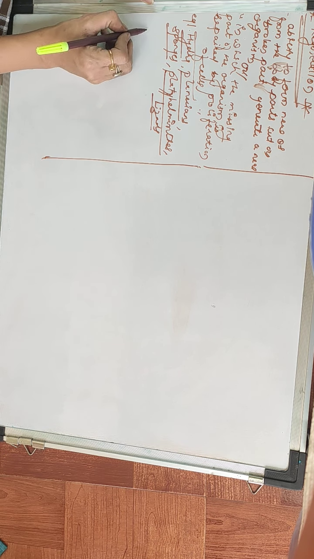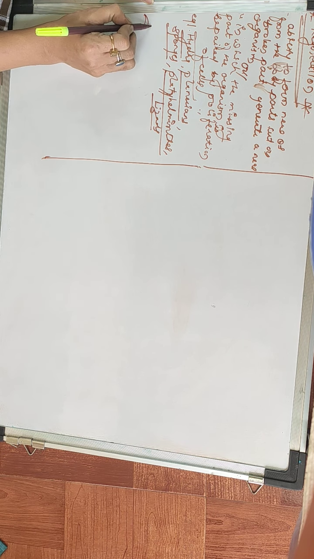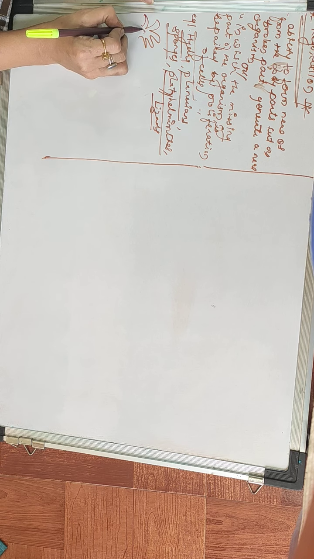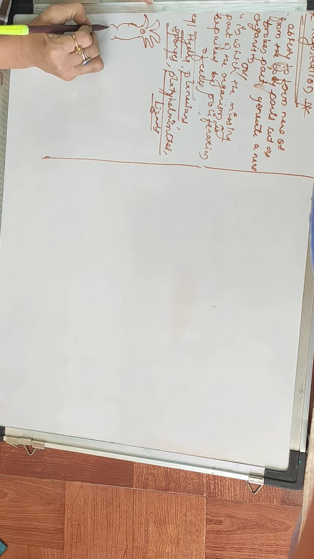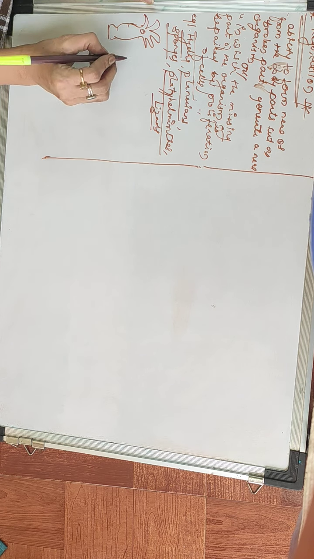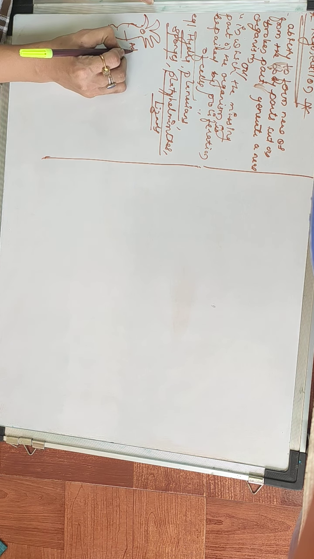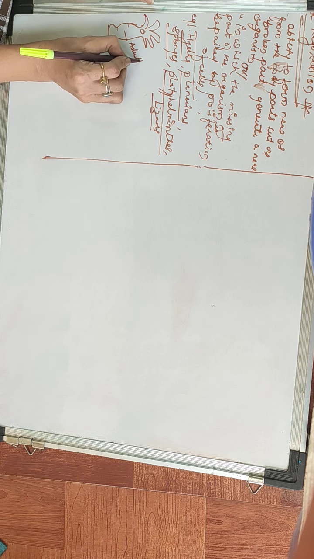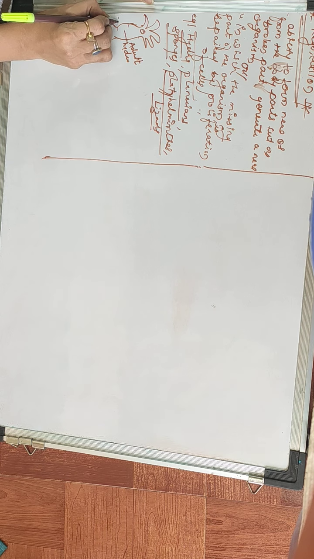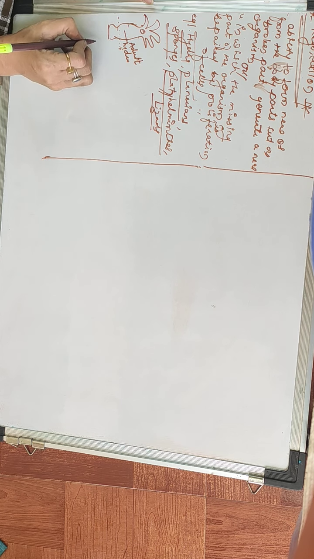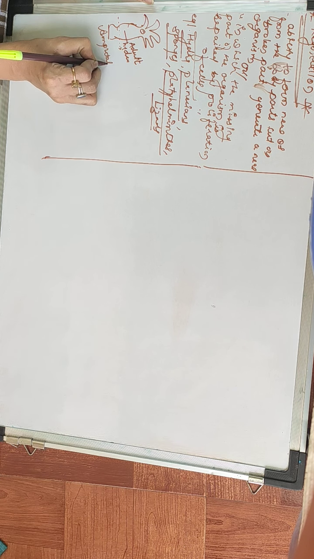Suppose I am taking the example of Hydra, a very common example. This is an adult Hydra. Now this adult Hydra is amputated. Here you can see amputation.